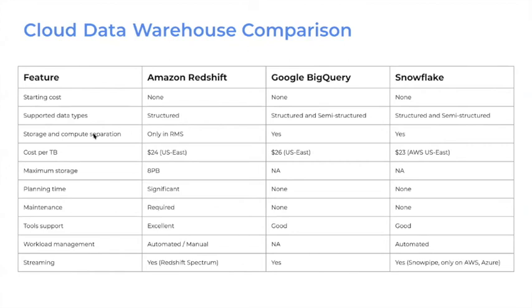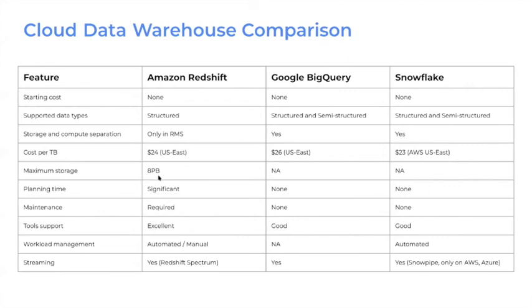With respect to storage versus compute separation, Snowflake and BigQuery truly provide it from the ground up, whereas in the case of Redshift, you have that only if you're using the RMS option. The cost per TB is somewhat similar.